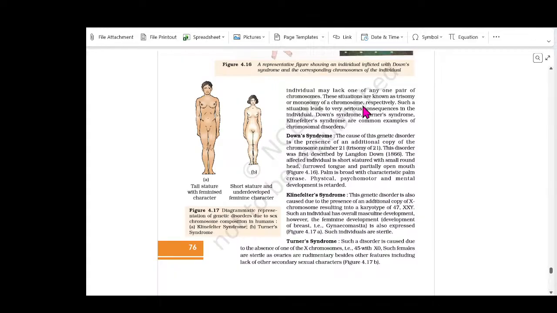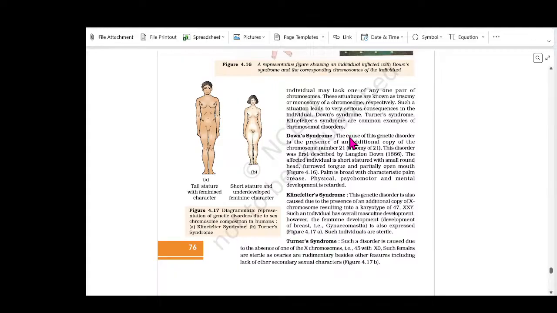These situations are known as trisomy or monosomy of a chromosome respectively. Such a situation leads to very serious consequences in the individual. Down syndrome, Turner syndrome, and Klinefelter syndrome are common examples of chromosomal disorders.